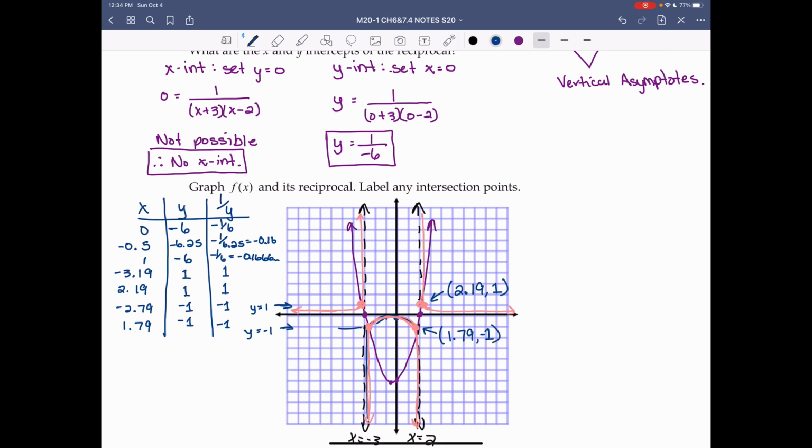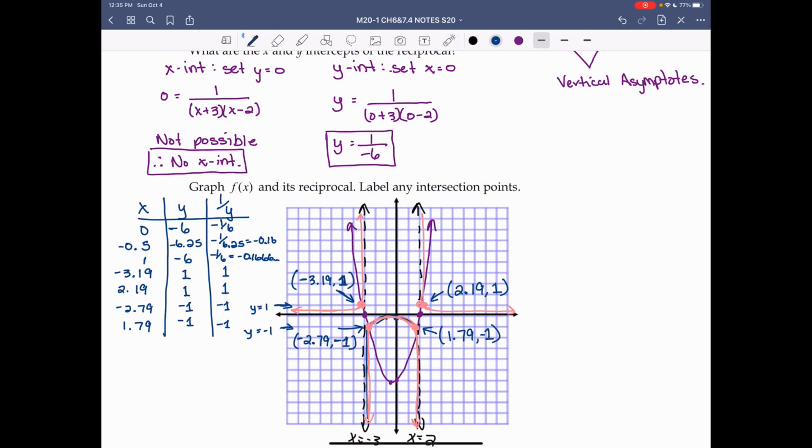This one over here is x equals negative 2.79 and y equals negative 1. And this one is x equals negative 3.19 and y equals positive 1.